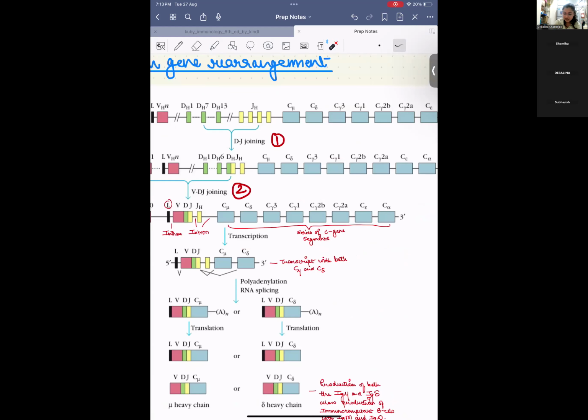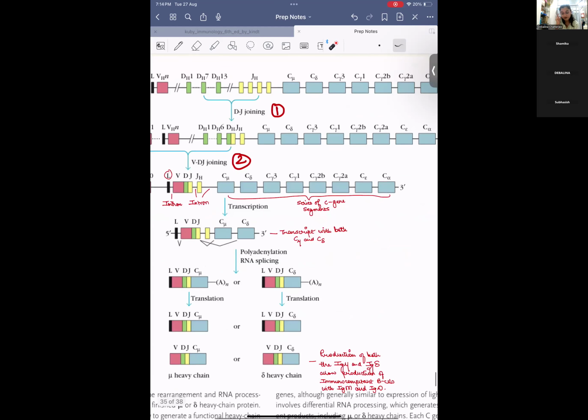The two constant segments closest to this VDJ junction get a chance to get transcribed together. So what forms first is a transcript with both C mu and C delta.